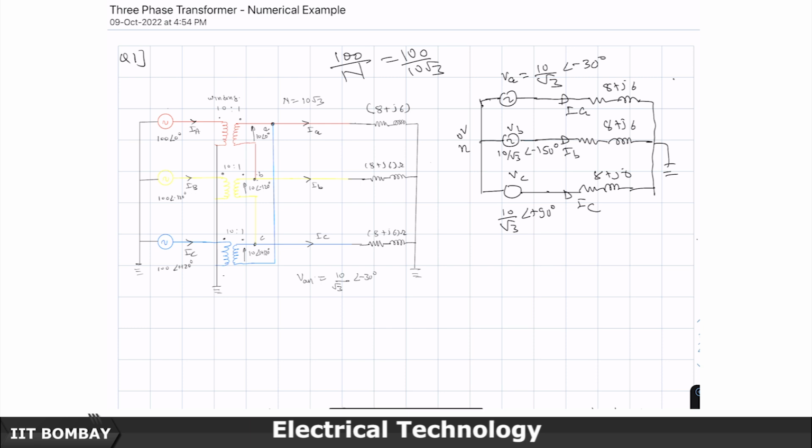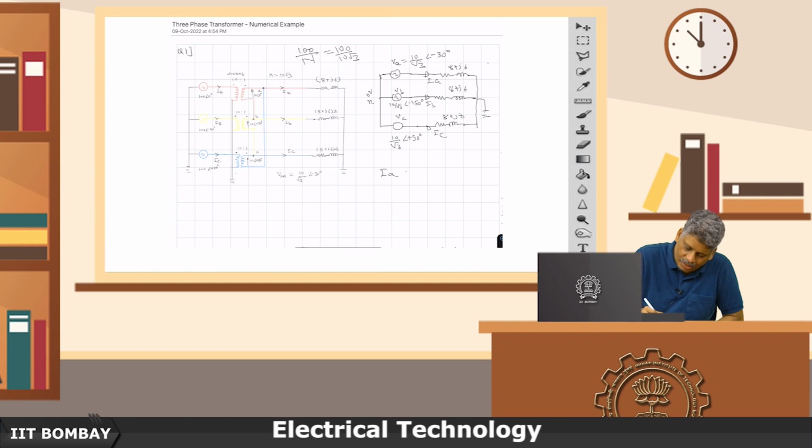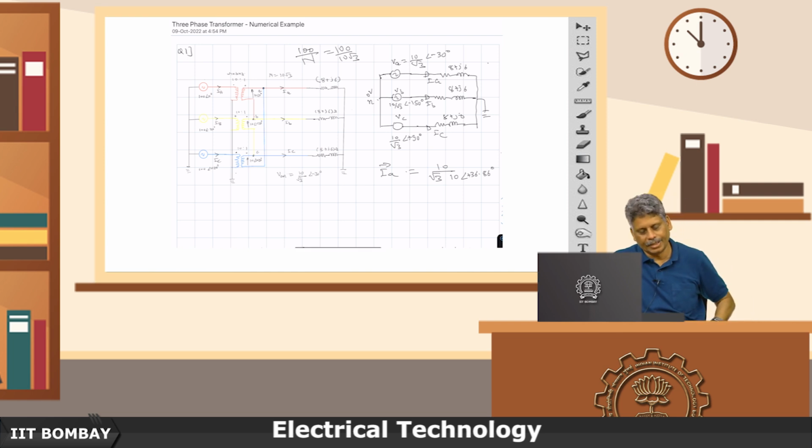So now very simple, IA is going to be, so this is also 0 volts, though it's not grounded. You can imagine effectively that these two are actually at the same potential. So therefore IA is just going to be equal to 10 by root 3 divided by this impedance, which is again 10 at an angle of plus 36.86 degrees.